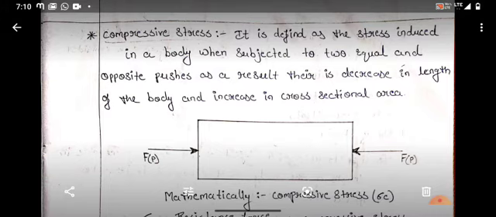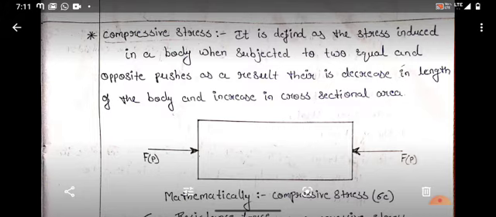So it is the same definition in the tensile as well as the compressive. Tensile stress is defined as a stress induced in a body when subjected to two equal and opposite pulls, with an increase in length and decrease in cross sectional area.